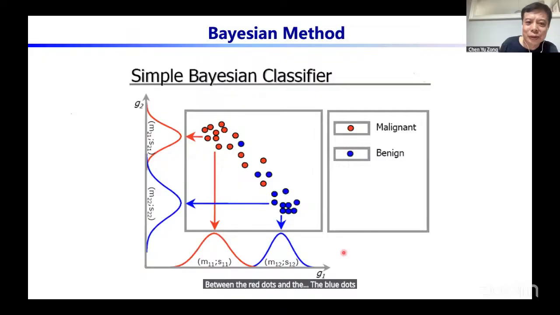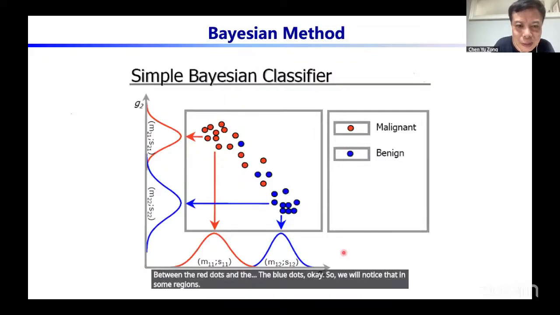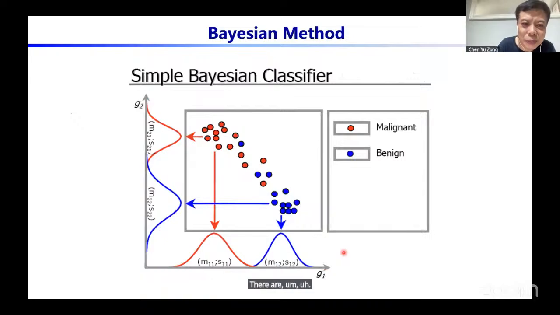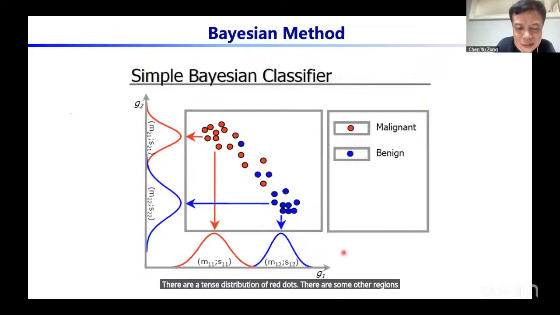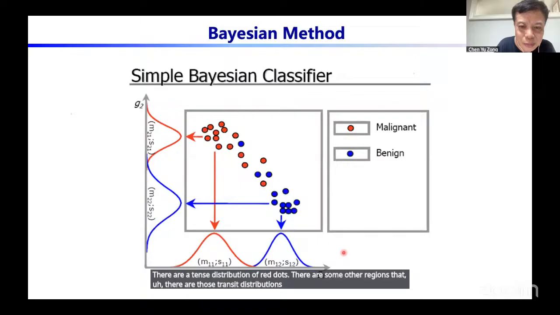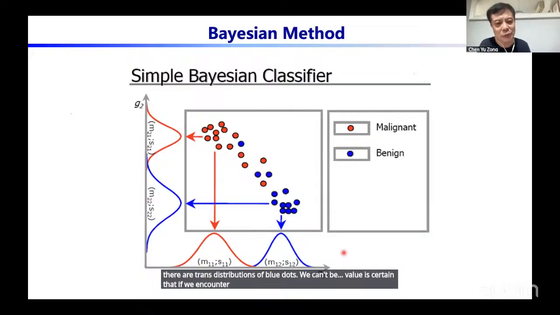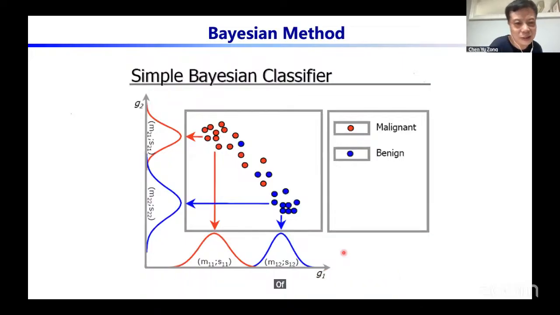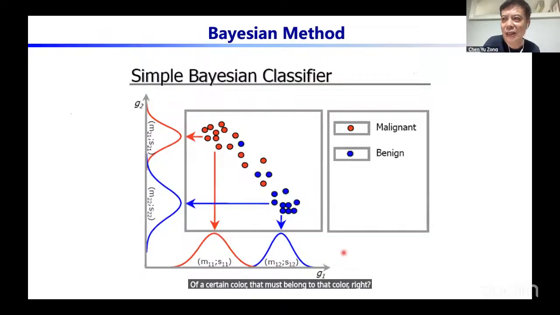We notice that in some regions there is a dense distribution of red dots. There are other regions where there are dense distributions of blue dots. We can be very certain that if we encounter a dense distribution of a certain color, that must belong to that color, right? So this gives us an idea.